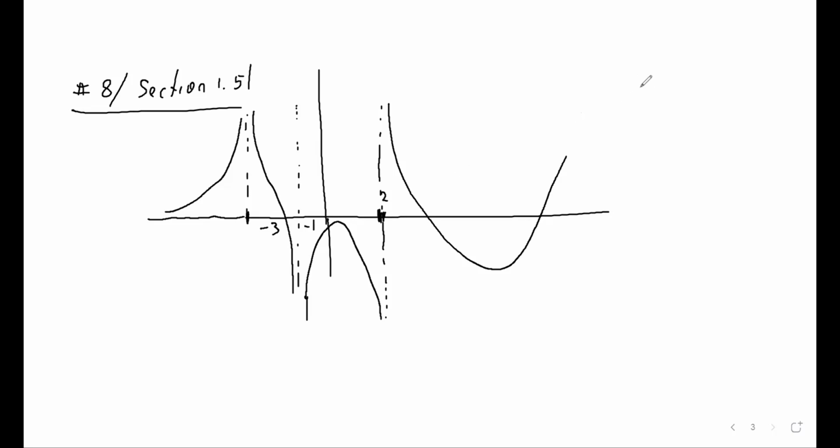So first of all, let's see part A. What is the limit as x goes to -3 of a of x? By the way, this function is called y equals a of x.